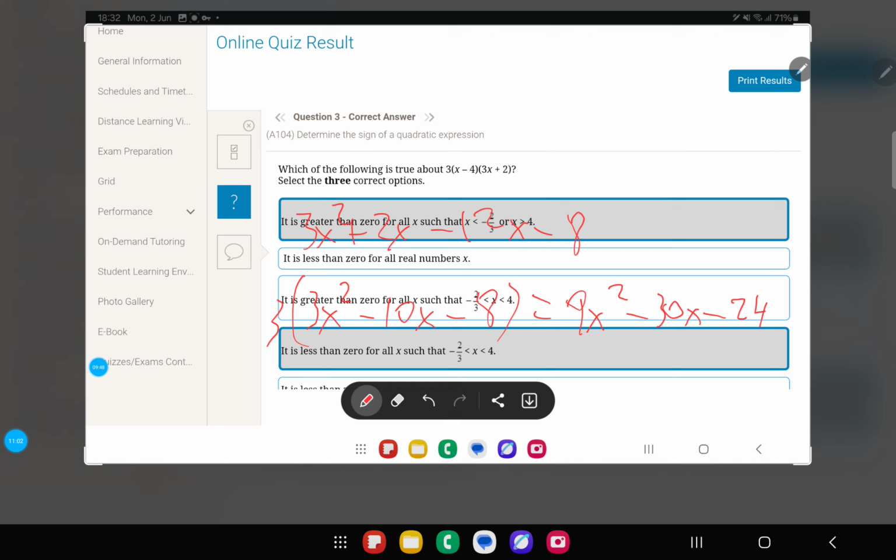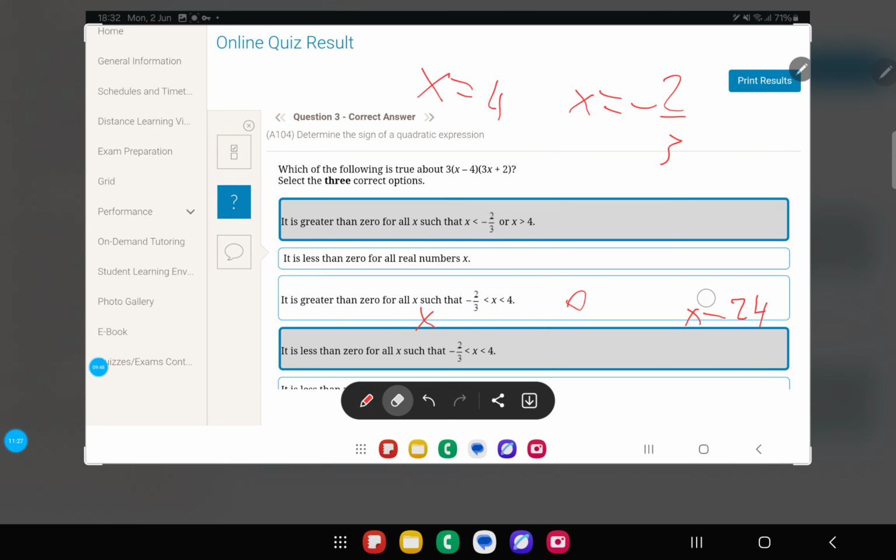You're going to go over to your calculator, do mode 5 3, and put 9, negative 30, and negative 24. You're going to get x equal to 4 as the first root, and the second root is going to be x equal to negative 2 over 3. Those are your roots.